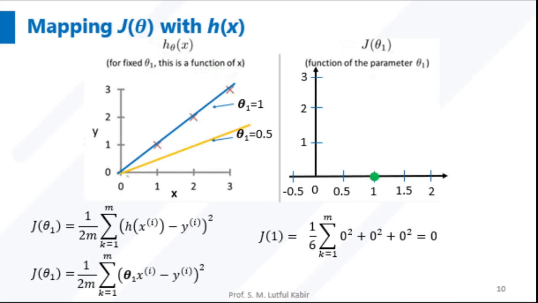J of 0.5 is about 0.58. Let's go and plot that. The green dot is 0.58 at a value of theta 1 equal to 0.5.